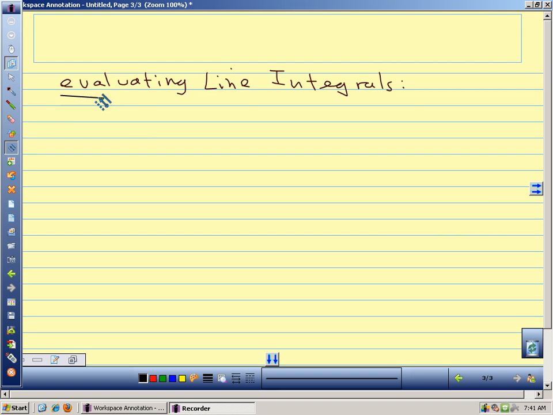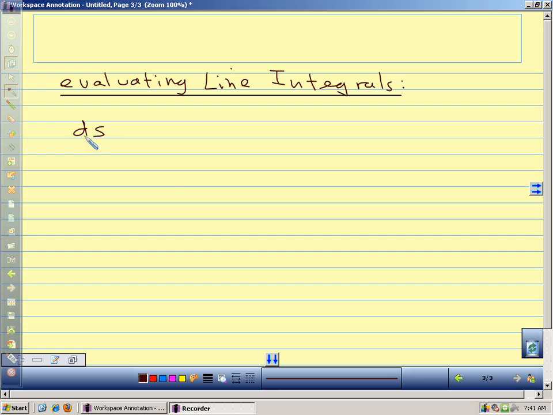Remember from chapter 13, way back when, we said that our arc length increment was the magnitude of r prime of t dt, where r is a position function. So if we have a parametric equation for our function, the arc length increment was the magnitude of r prime times dt.